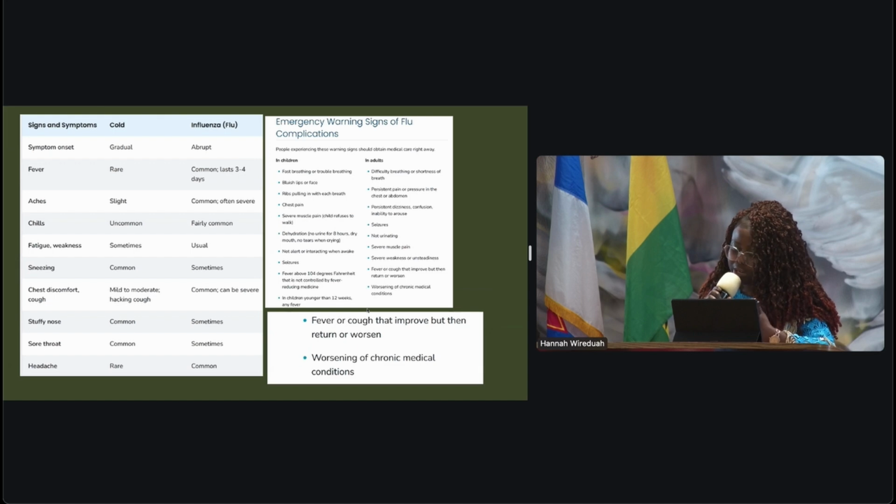If you have a chronic medical condition, the condition can get worse. At first the body is only slightly affected, but with flu the illness becomes bigger. And you should call the hospital because the flu has become complicated. In children, there is difficulty breathing, shortness of breath, and also go to the hospital for persistent pain and pressure in the chest.